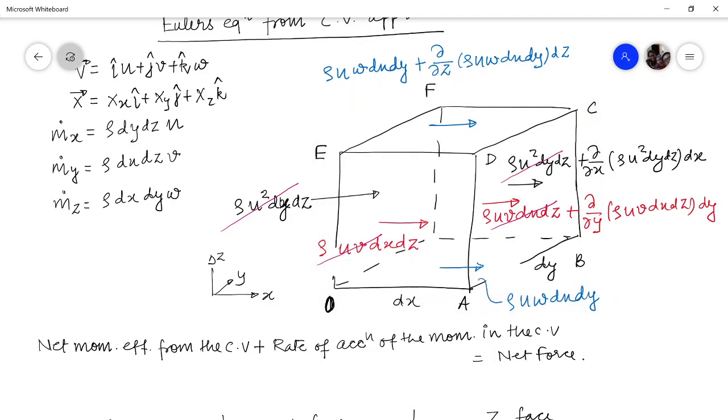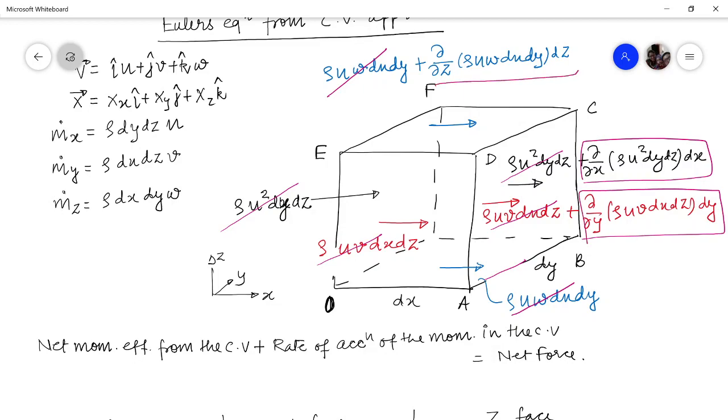Okay, so this will be cancelling out. So you are left with this term here, this term, and this term.